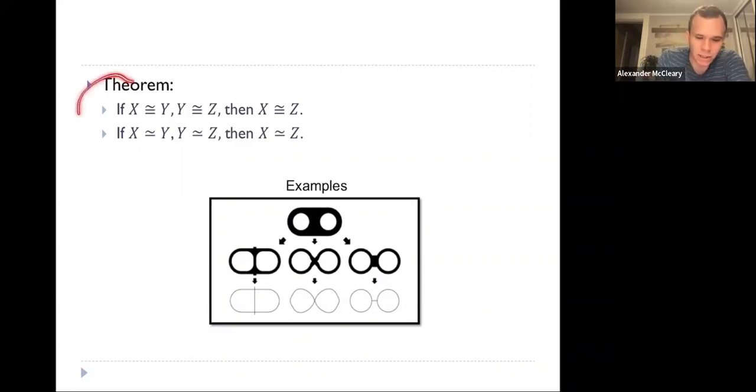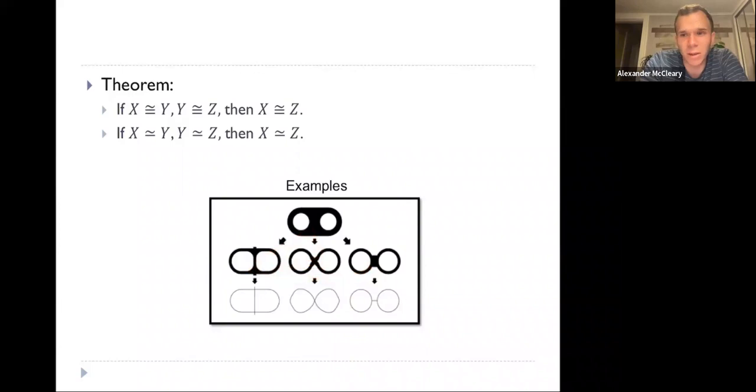Right, so essentially what this is saying is that, okay, if we have two spaces X and Y, and they're homeomorphic, and then we have another space Y and Z, and they're also homeomorphic, then X has to be homeomorphic to Z. So for example, if this is X, this is Y, and this is Z, we have this is homeomorphic to this, and this is homeomorphic to this, meaning these two have to be homeomorphic as well. And same thing, this is homeomorphic to this as well.